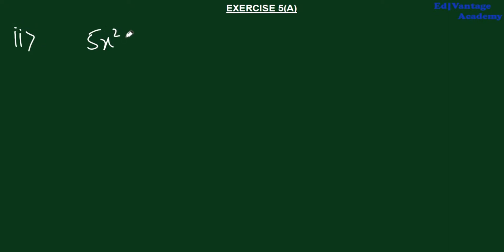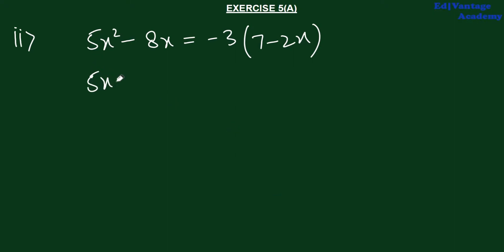Next part, second one, they have given 5x square minus 8x is equal to minus 3 into 7 minus 2x. So 3 is multiplied with 7 and also 2x, as 3 is multiplied with the bracket. So here also you can see it's minus 3 into 7, that's minus 21, and minus 3 into minus 2, that's plus 6x.